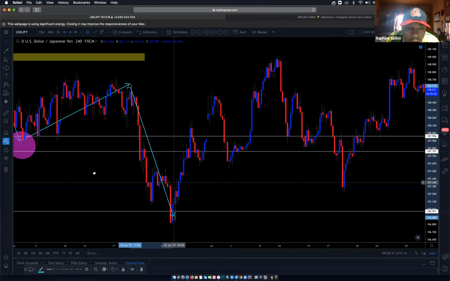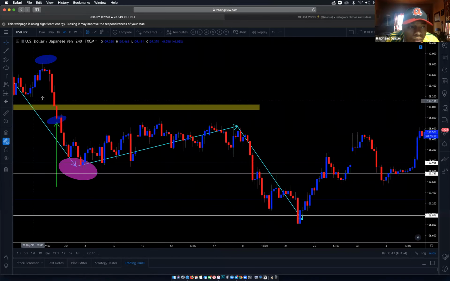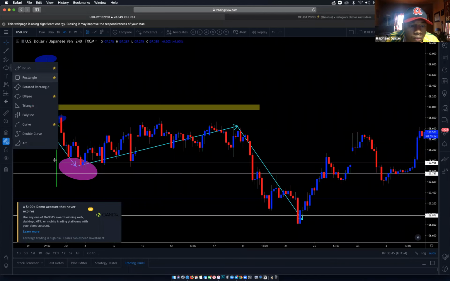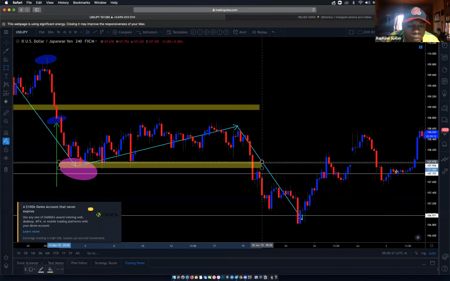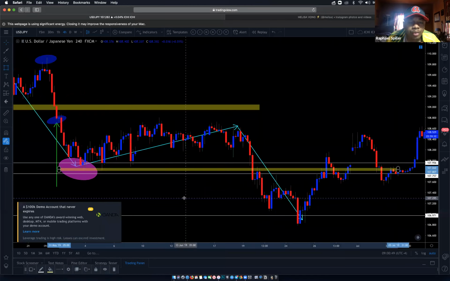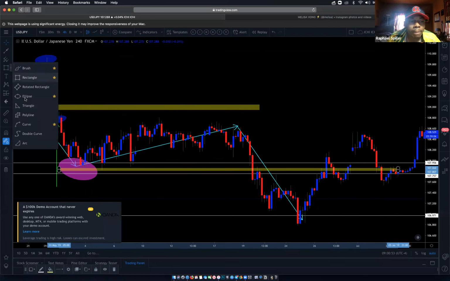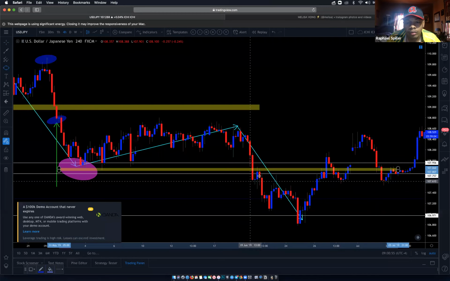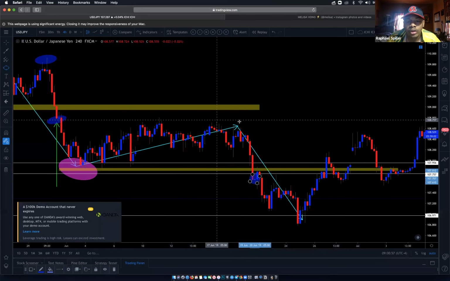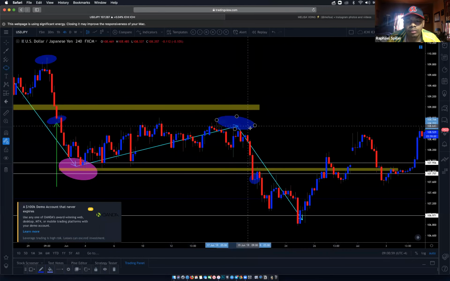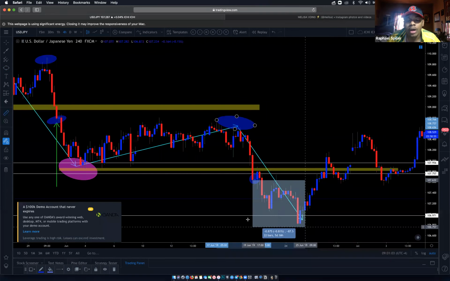We look for whichever low was broken, so this yellow line needs to be broken. You had your entry here, stop loss somewhere around here, and you took your trade and got about 100 pips out of it.